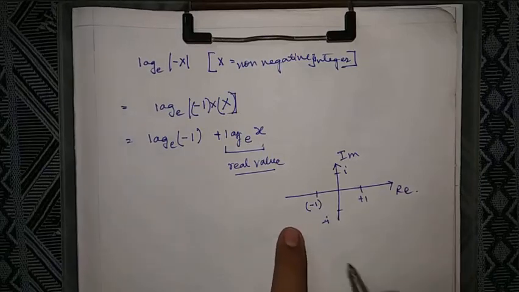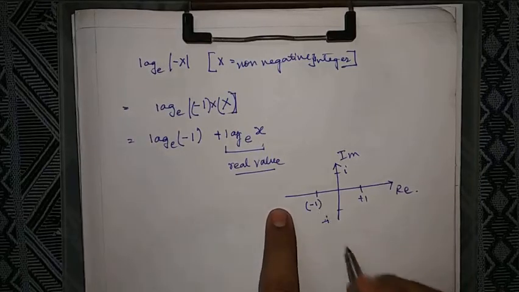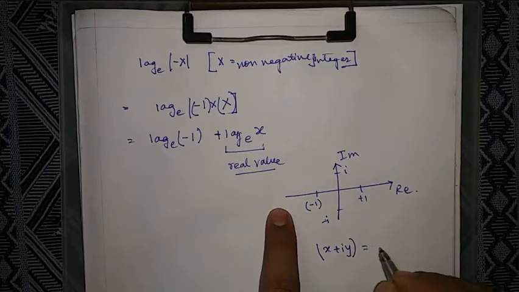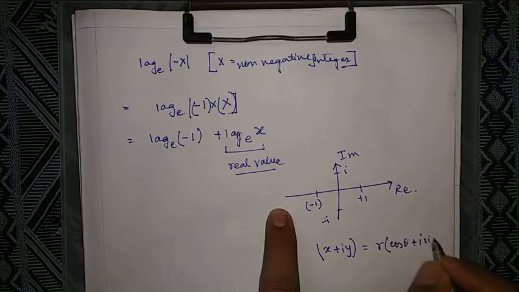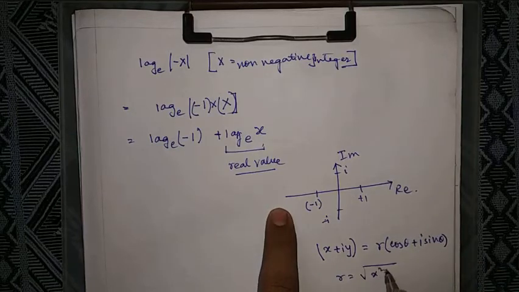As we know, a complex number x plus iy can be written as r times cos theta plus i sin theta, where r is equal to root under x squared plus y squared, and theta is equal to the argument of that complex number.